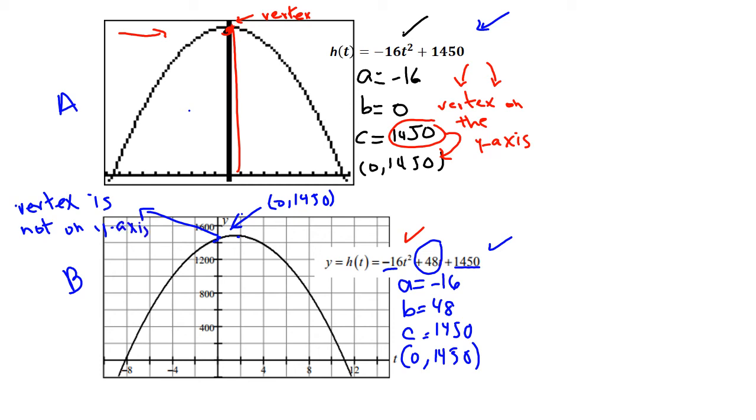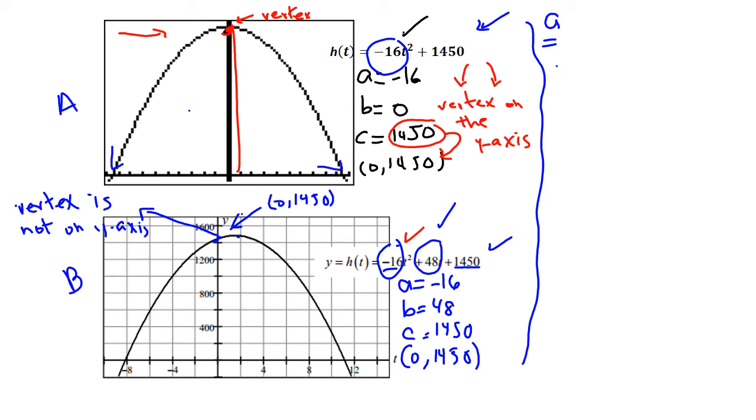Okay, so what I would like to do is make a list of the different effects that the coefficients of a quadratic function have on the graph of the function. So let's start with A. We notice that in both cases, A is negative, and in both cases, I have a parabola opening down.